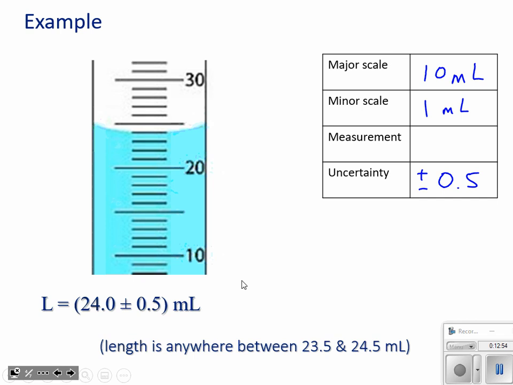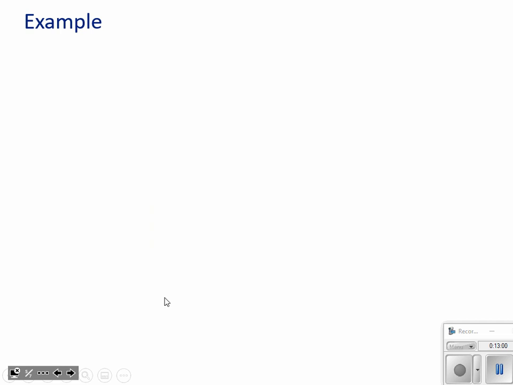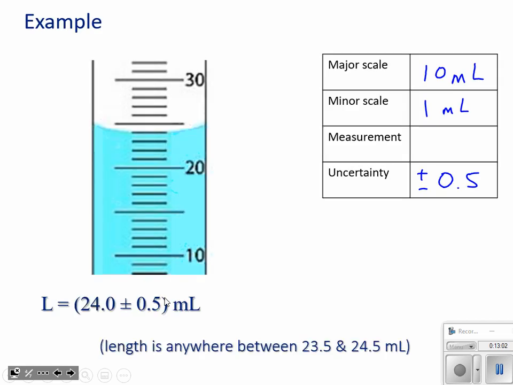Number two, did you have an estimate? Did you have that 0.0? Okay. Would 24 be good enough? No, because you don't have an estimated value. So 24 would not be good enough. You need that estimated value, that 0.0.